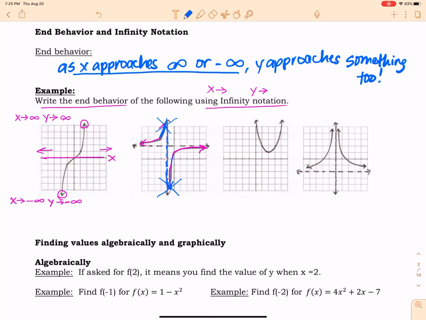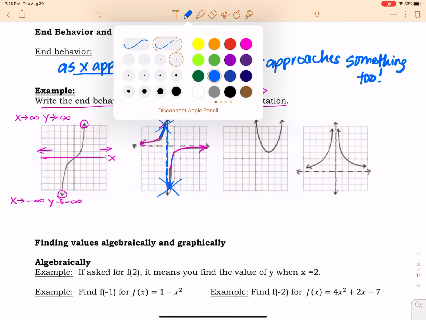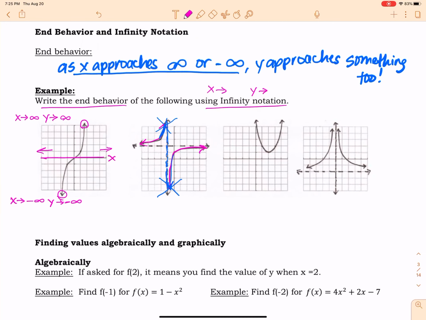So if you're looking at the two end behaviors, where are the two end behaviors, Ms. Griggs? Well, they're right here and right here. So just like before, x is always approaching positive or negative infinity. Well, since it's heading off in this negative direction, x is approaching negative infinity, and y is approaching this value right here on this asymptote, which is, we count up from 0, 1, 2, it's approaching the value of 2.